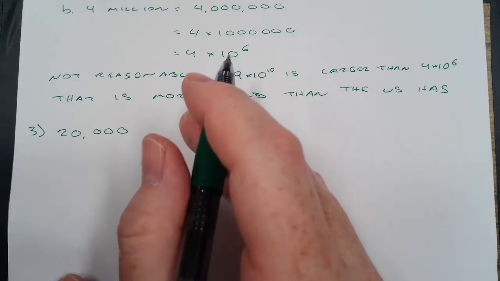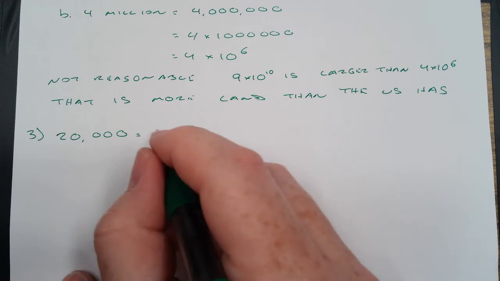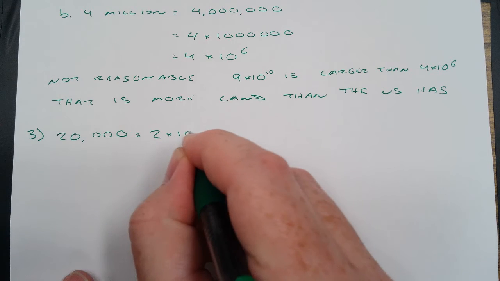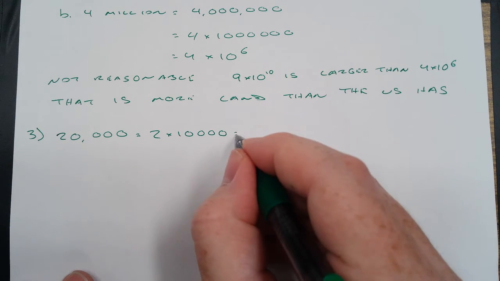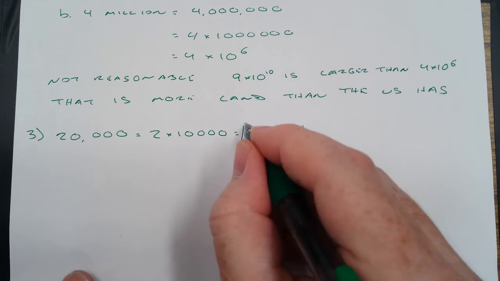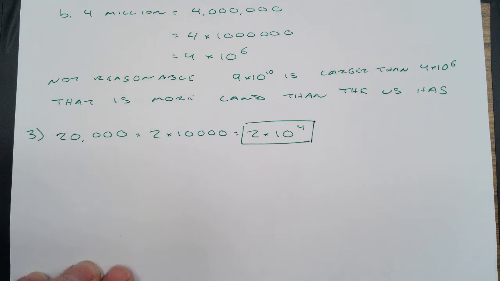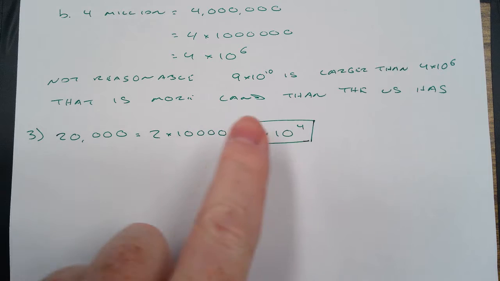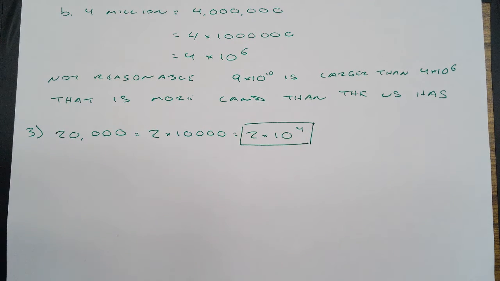They want to change that to exponent notation. So that is 2 times 10,000. And 10,000 is 10 to the 4th. There we go. 20,000 just looks different, helps us do math.